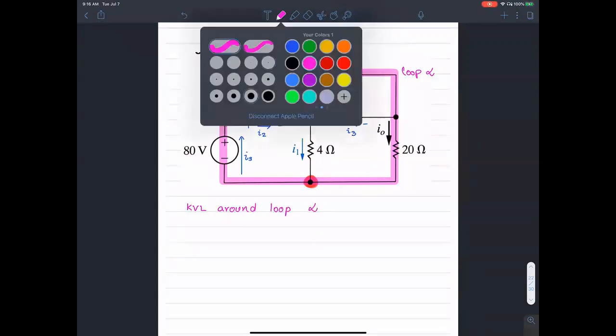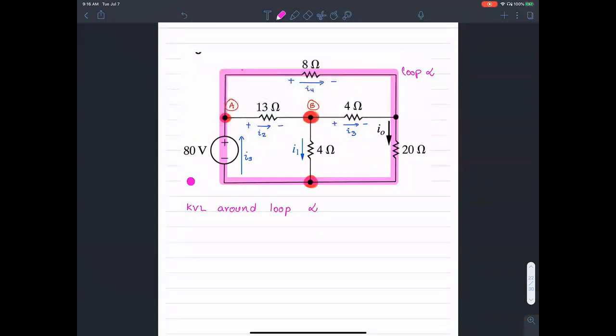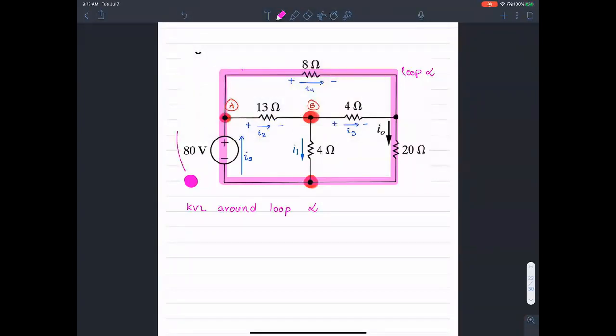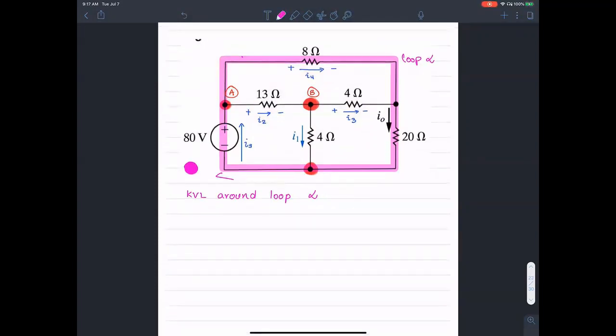The idea is to begin at the lower left corner, follow the path, and add all the voltages that you come across. So let's follow the outer path. We begin at the 80 volts power supply, and when we begin our journey, we see a negative sign over there. So negative 80 volts.